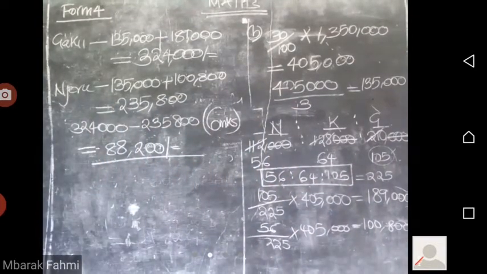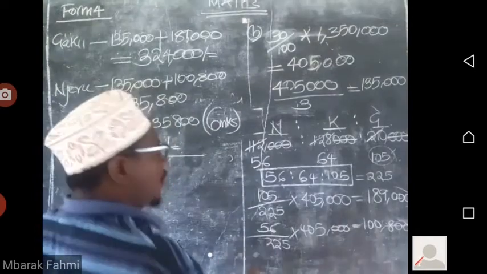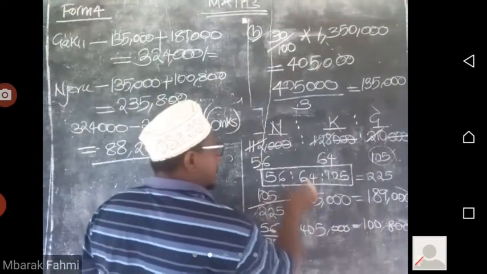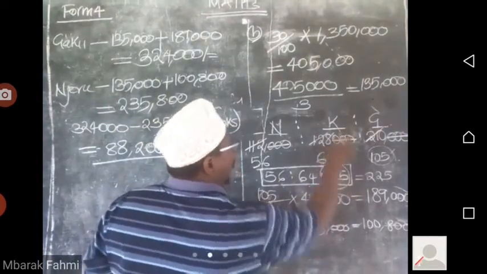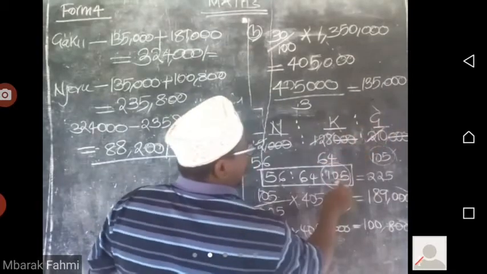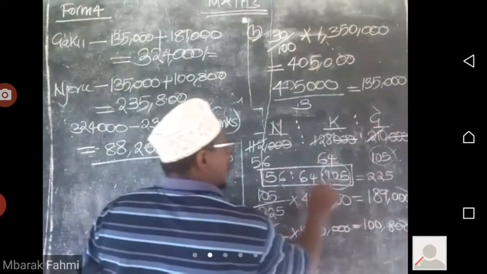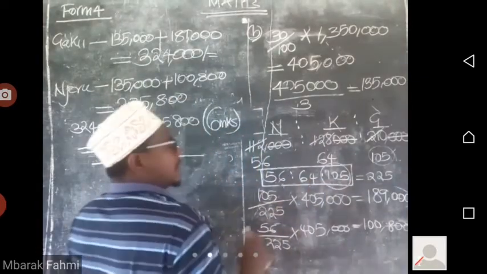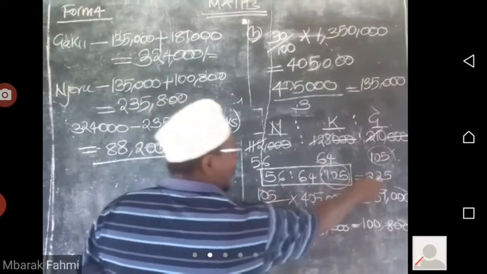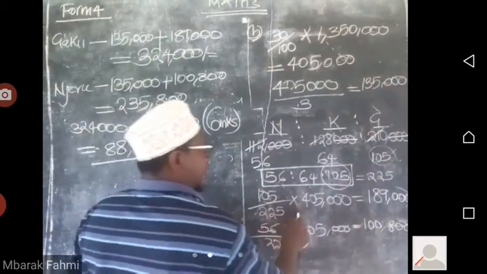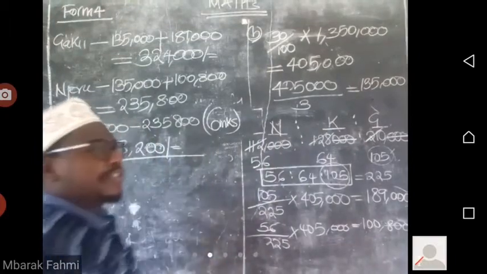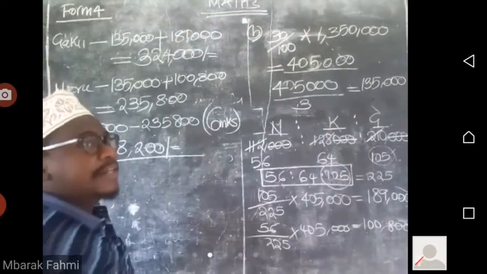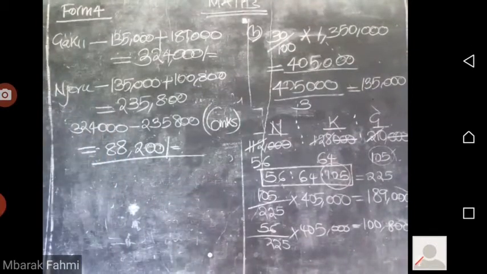So from there, if you want to calculate for each in terms of the ratio, then for Gaki it will be 105 over the total ratio, which is the sum of all these, 225, and then times the amount, which is the 30% they share in the ratio of their contribution.